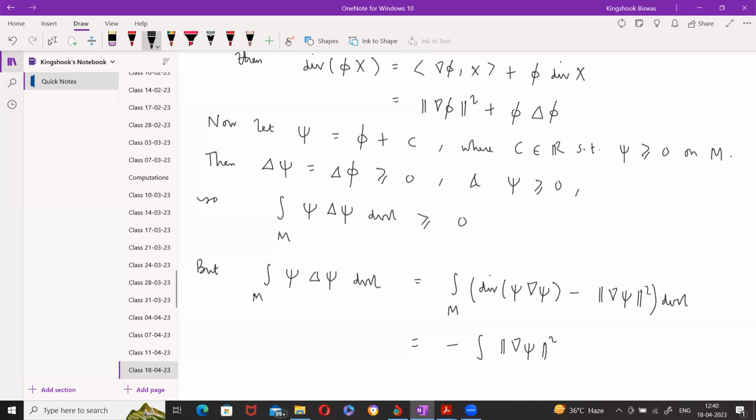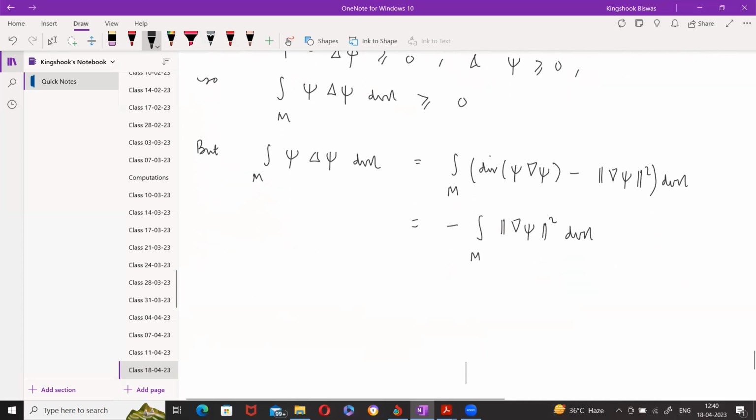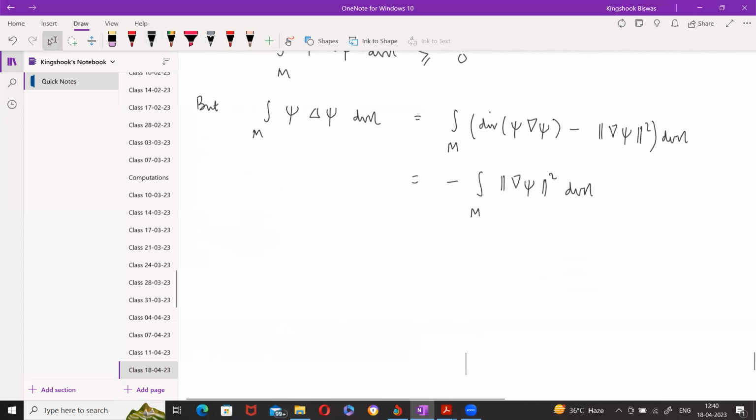So this just becomes minus the integral of norm grad psi squared. So this thing is greater than or equal to 0, which implies that the integral of norm grad psi squared dvol is less than or equal to 0.